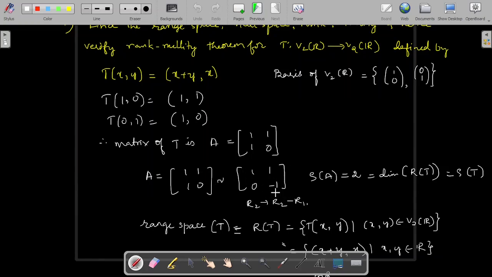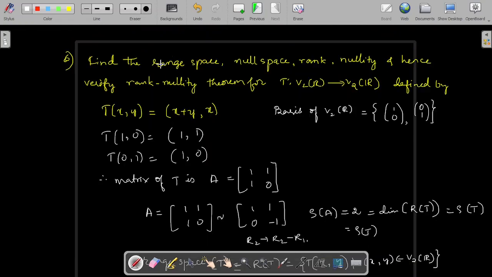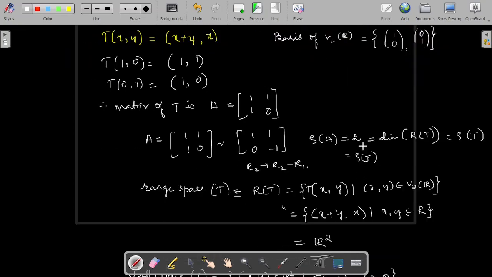Now this is in row echelon form. Rank of A equals the number of non-zero rows, 2. So that is the same as the rank of the linear transformation. Rank is nothing but the dimension of the range space of T. So the dimension of the range space of T equals 2. So I got rank of A or rank of T. This part is done. Rank of the linear transformation is 2.